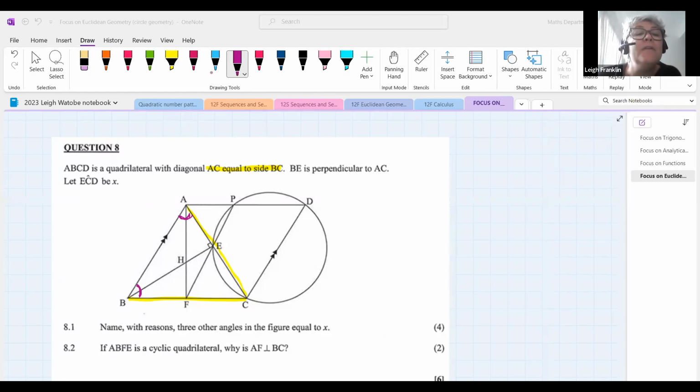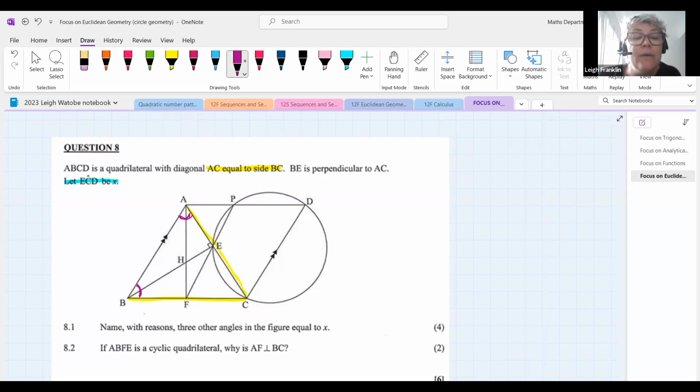The other thing that's not on the diagram in this case is the last piece of information here, where they tell us let ECD be X. Let ECD be X. So let's go and put our X on the diagram.